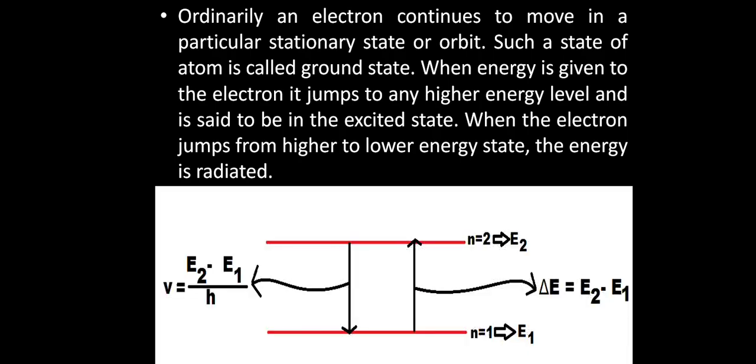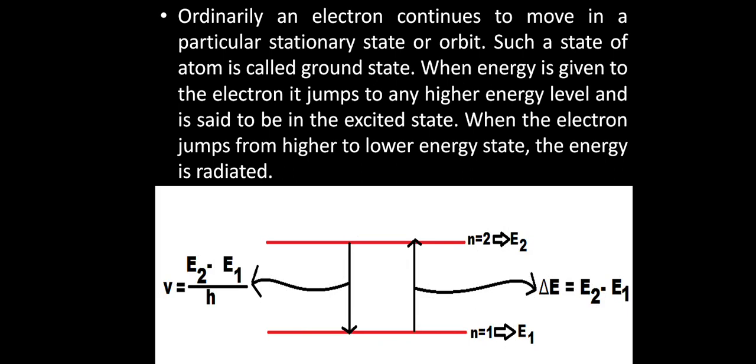So we can visualize this in this way. You can see two energy levels, N1 and N2, having energy E1 and E2. When the electron wants to go from E1 to E2, it must absorb a definite amount of energy. It is not that it will absorb whatever amount of energy is given and go up.